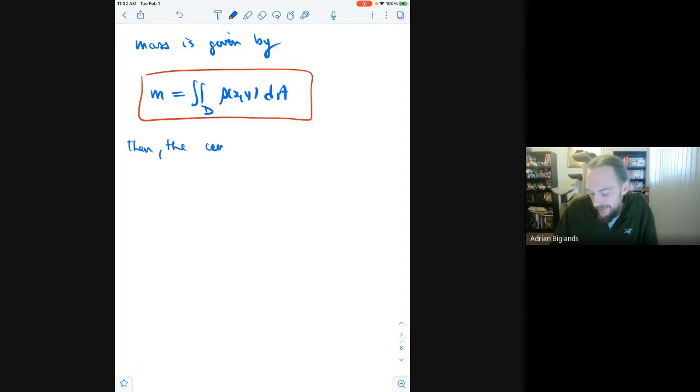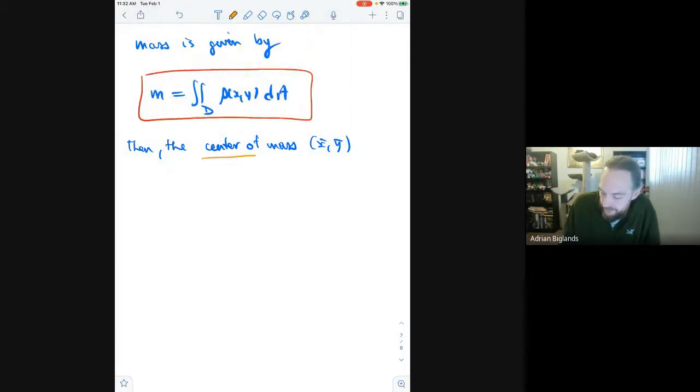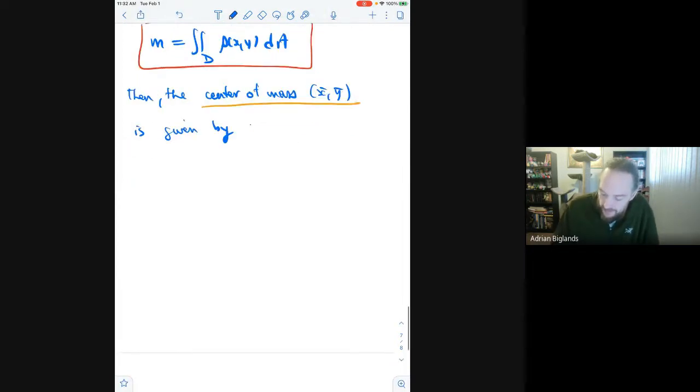The center of mass, denoted x bar, y bar, is given by x bar is equal to My over the mass, where recall My is the double integral over the region D of x rho xy dA.